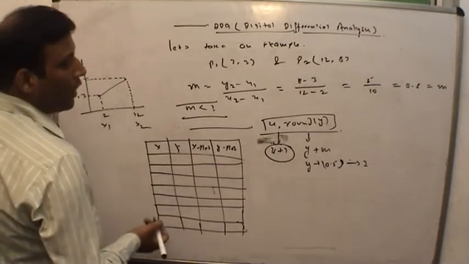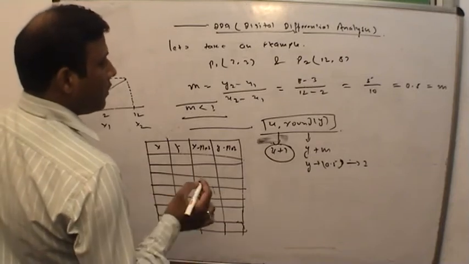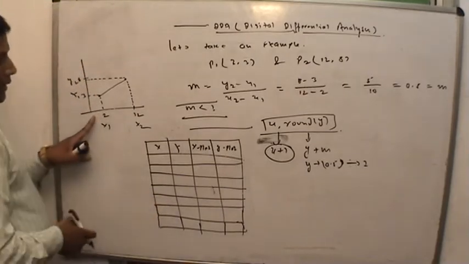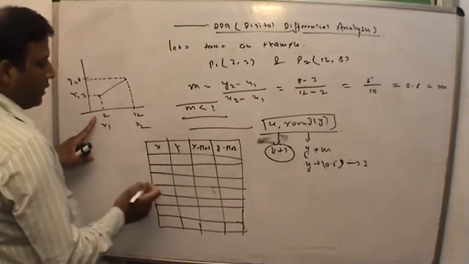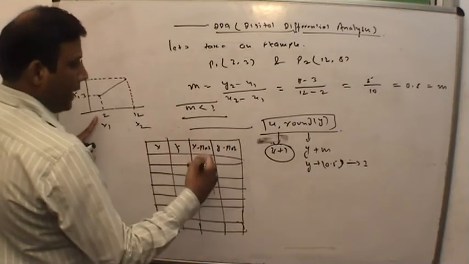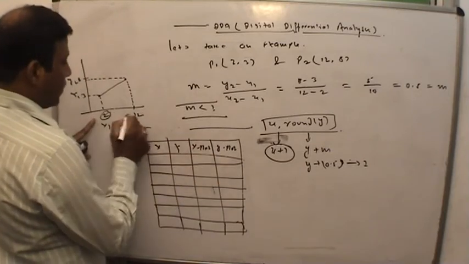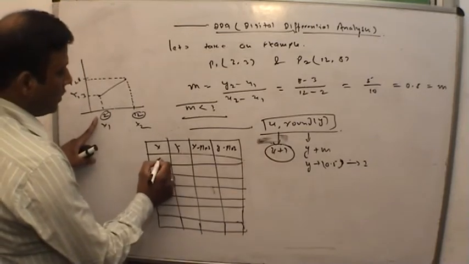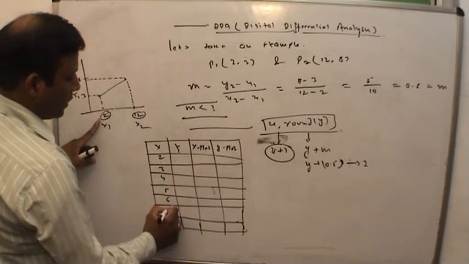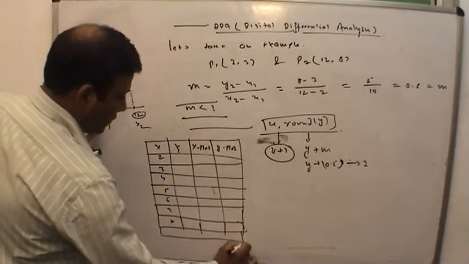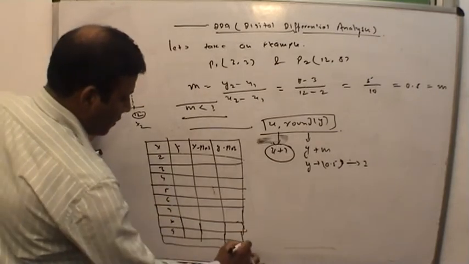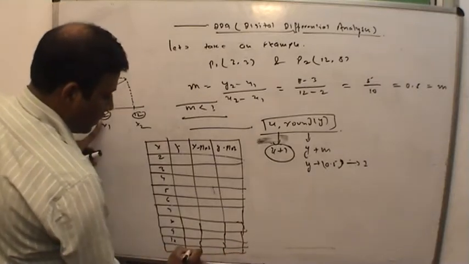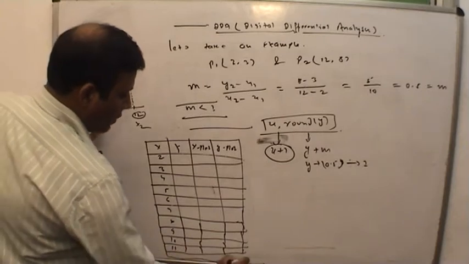Then we have the value of x1, that is 2, and the destination value of x2 is 12. The value incremented from start point to end point is 1. So we can take the value of x as 2, 3, 4, 5, 6, 7, 8, 9, 10, 11 and 12.